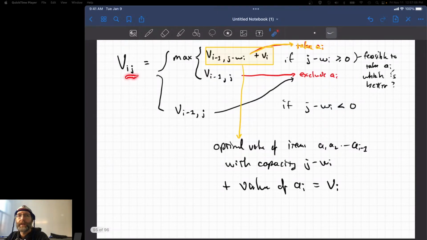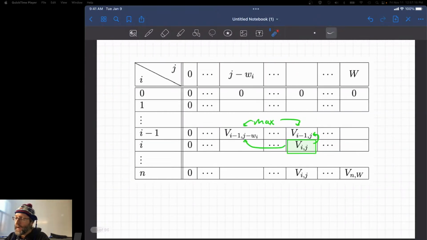Here's the recurrence, V sub ij. It depends on this one and this one. With respect to this table, where I've got items A naught, in other words the empty set, A1, A2, dot, dot, dot, AI minus 1, AI, AN, all you're doing is saying, okay, I'm considering A sub I now. I want to consider all subsets previous to that consisting of elements 1 through I minus 1. That's just one row up.